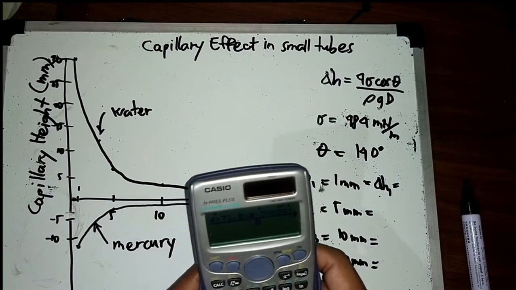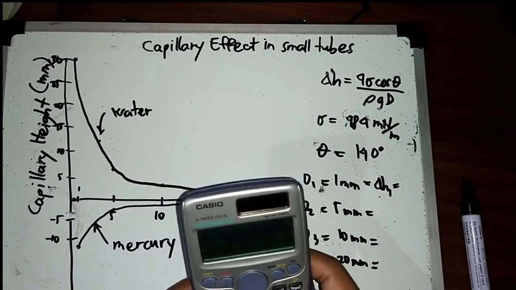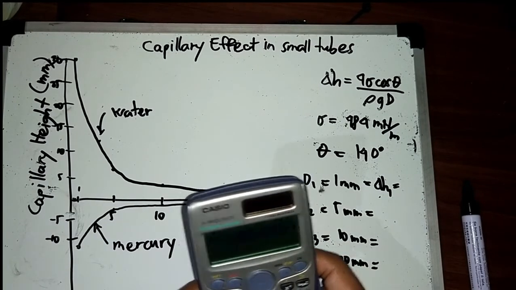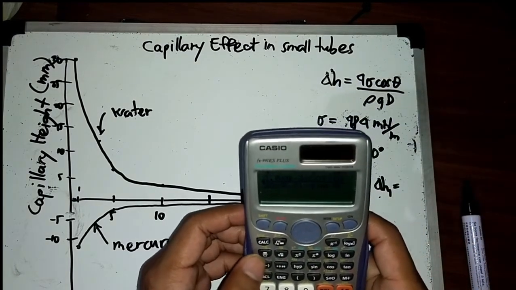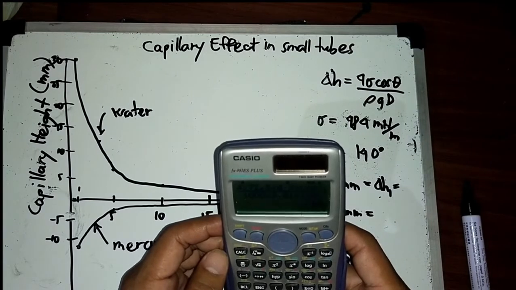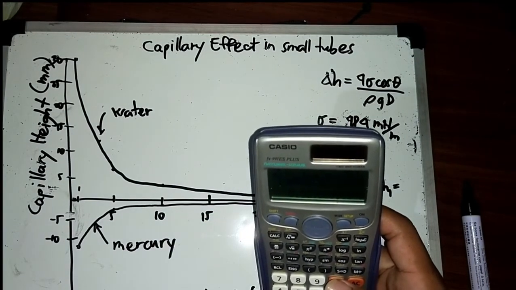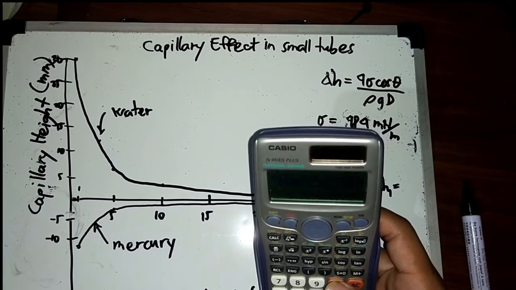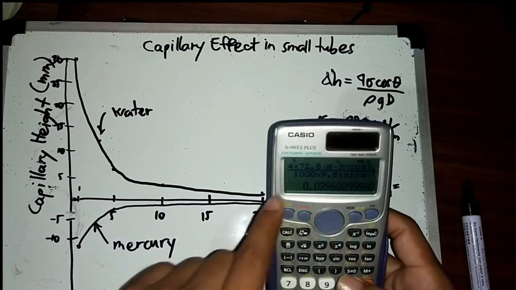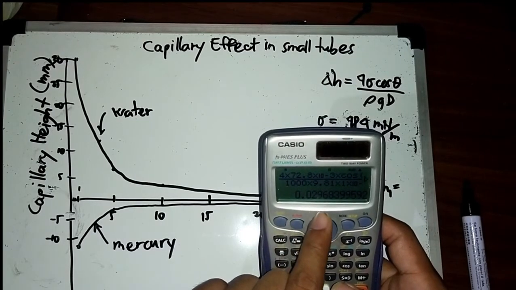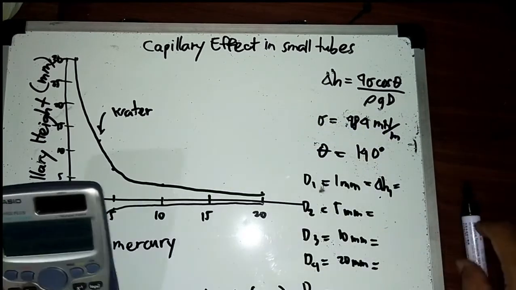divided by 1000 times 9.81 times 1 times 10 to the negative 3 meter is equal to 0.02968 meters, or 29.7 mm.